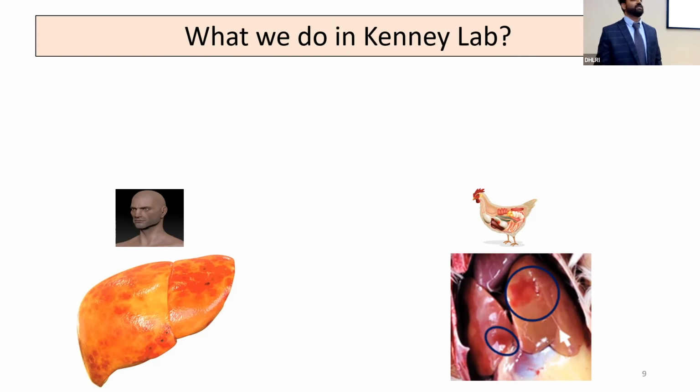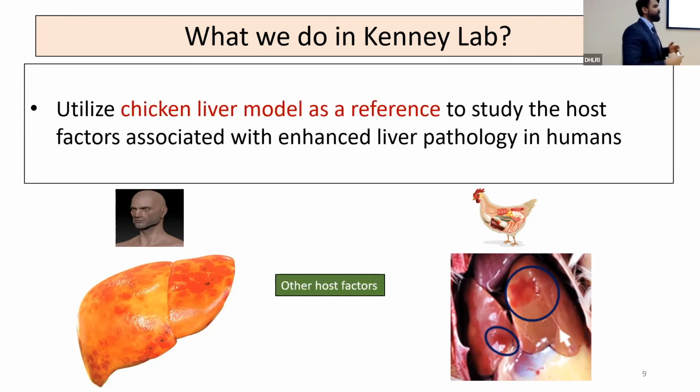When we enhanced its replication, we could see almost similar liver lesions as in humans. So we are trying to develop a chicken liver model and use it to study the host factors that help produce liver pathology in humans.